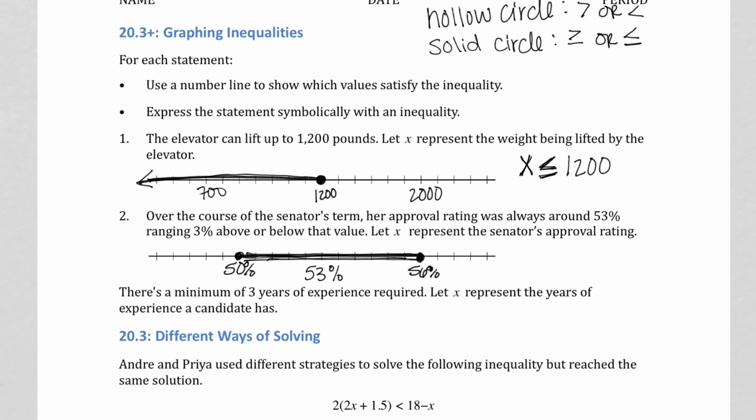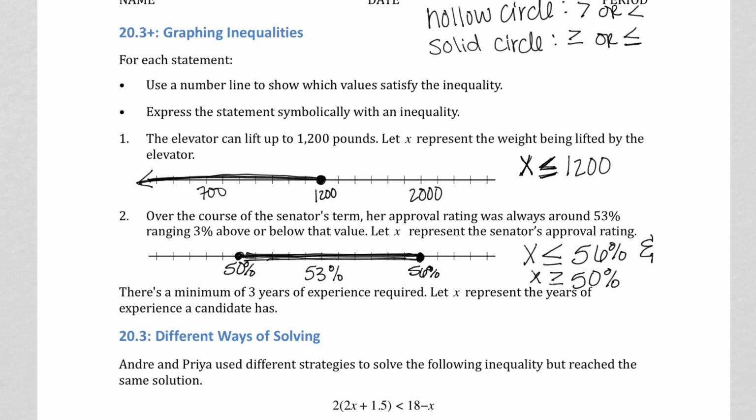Right. So here's what we're going to do. We're going to say X is less than or equal to 56%, and X is greater than or equal to 50%. It's got to be between those two.